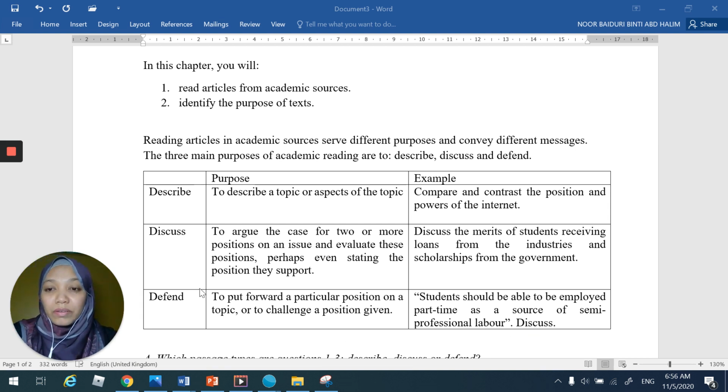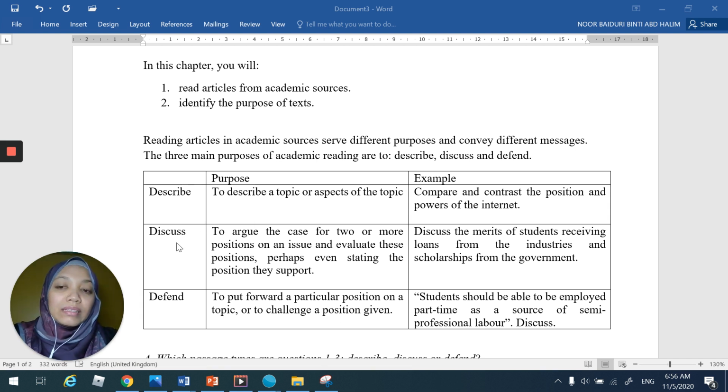So how do you differentiate all three? When a text describes a subject matter, it talks about the different components of the topic. It's very objective. There's no standpoint, there's no bias presented in the text.